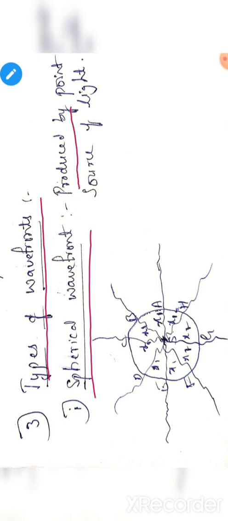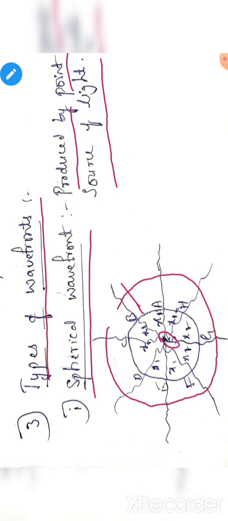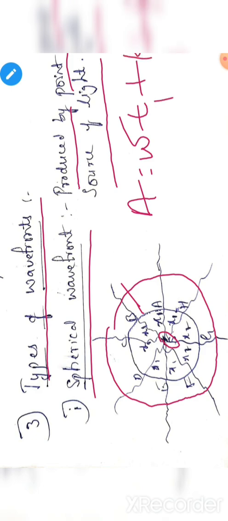Now let us consider the third point of the Huygens principle, that is the types of wavefronts. The first type is spherical wavefront. The spherical wavefront is produced by the point source of light. As we consider here, S is a point source which produces what? The spherical wavefront here, right? So consider another spherical wavefront here. Now the point A will have the phase omega t plus k x1, right?